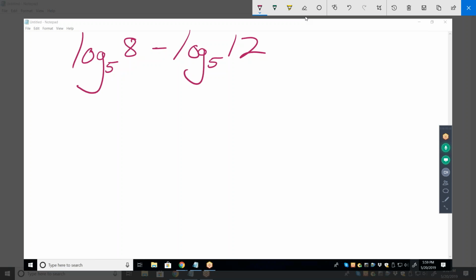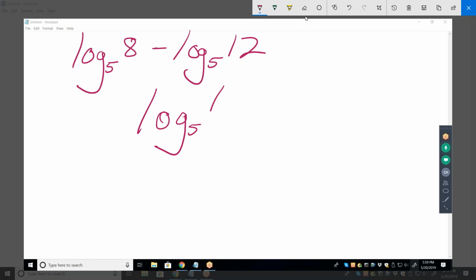Is it part of an equation or is that it? That's it. Okay. So what's single, and incidentally, these three log rules only work if the base is the same. Okay. If that's log base 4, can't do anything. Right. So all of these rules require the base to be the same.